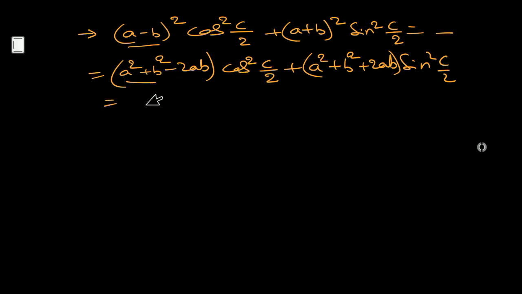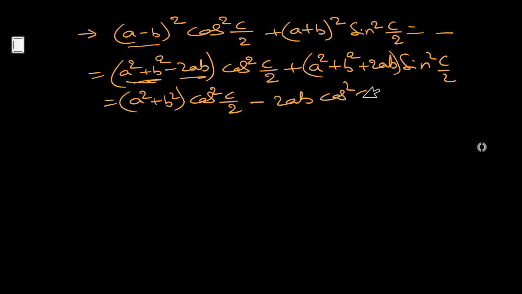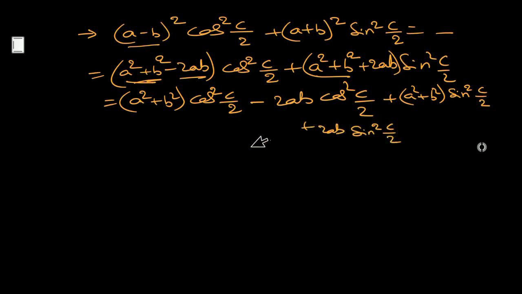Now let us multiply cos square C by 2 and sin square C by 2 separately. So it is a square plus b square times cos square C by 2 minus 2ab cos square C by 2, plus a square plus b square times sin square C by 2 plus 2ab times sin square C by 2.